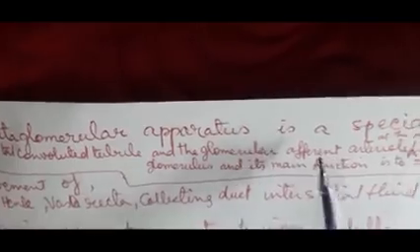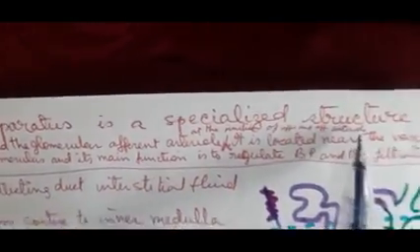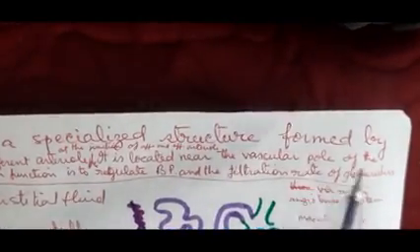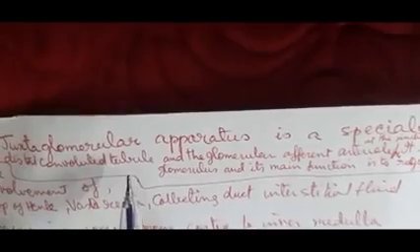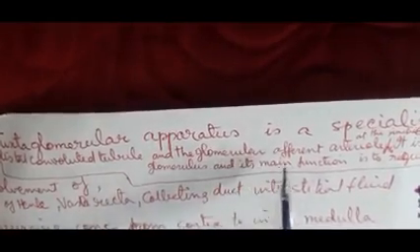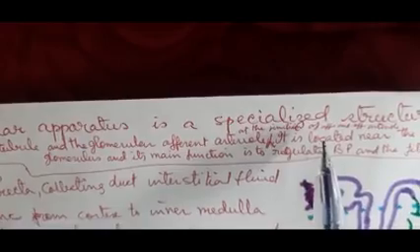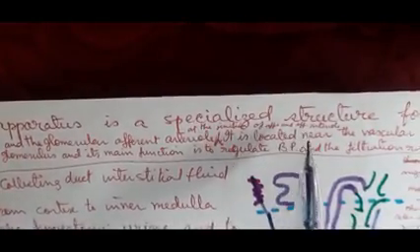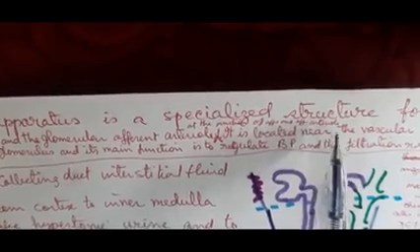Now, the juxtaglomerular apparatus is a specialized structure formed by the distal convoluted tubule and the glomerular afferent arteriole at the junction of afferent and efferent arteriole.